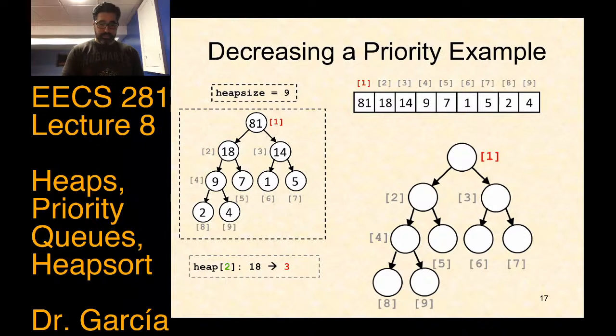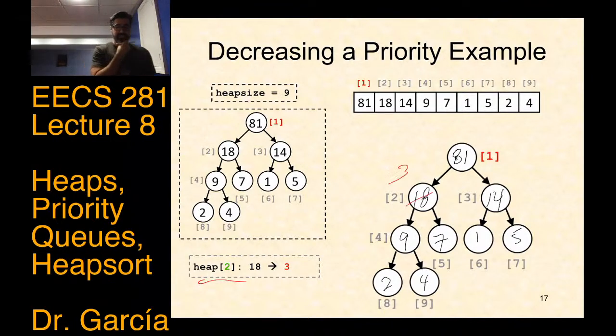81, 18, 14, 7, 5, 4. Okay, so what we're looking at here is at index 2, I'm changing 18 to 3, right? So what we're looking to do is, boom, do that.